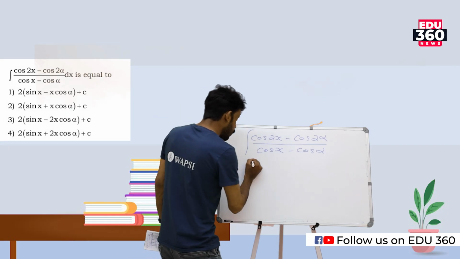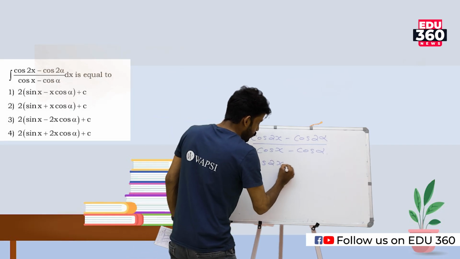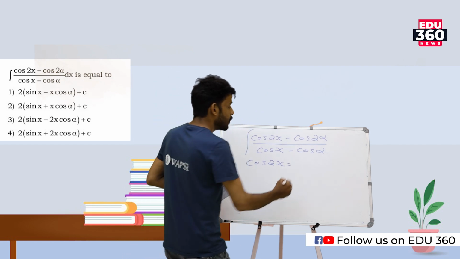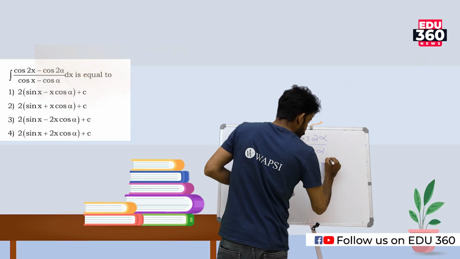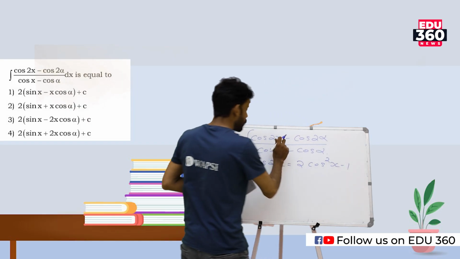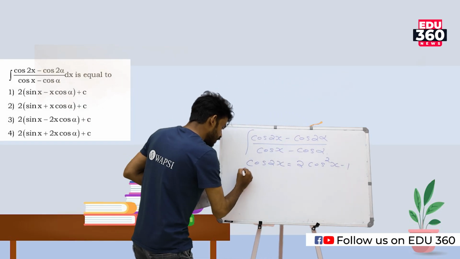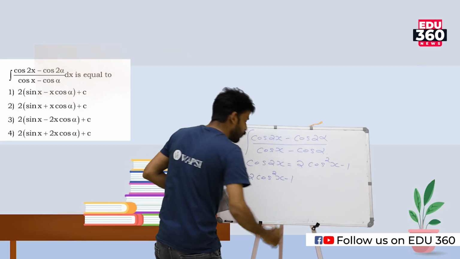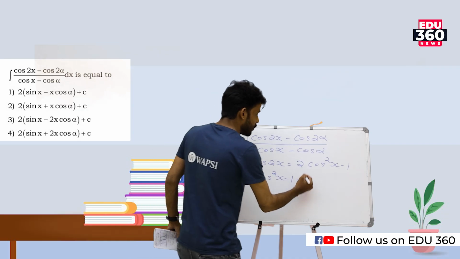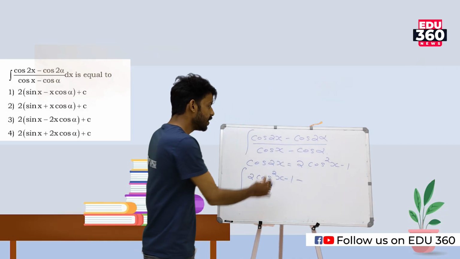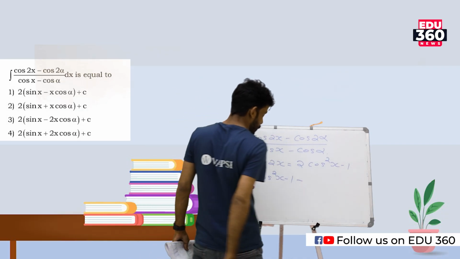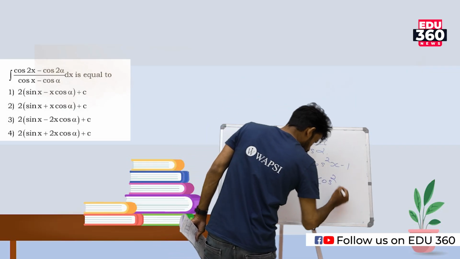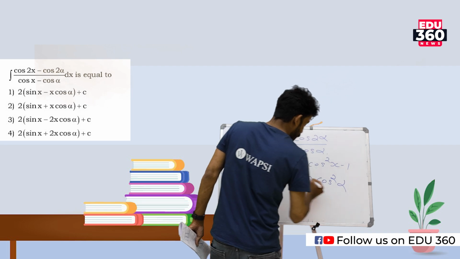Okay, so cos 2x we can write as 2 cos square x minus 1. So here in the numerator I am going to write 2 cos square x minus 1, minus the same with alpha instead of x, that is 2 cos square alpha minus 1.